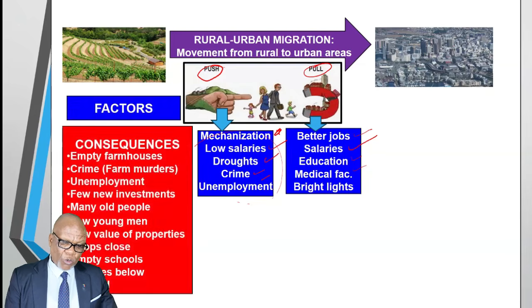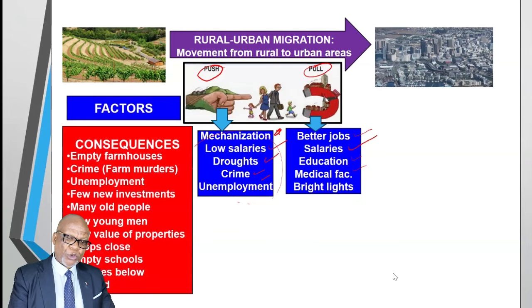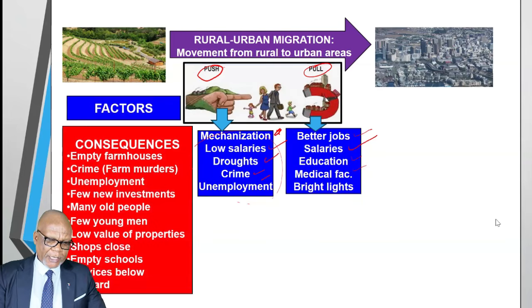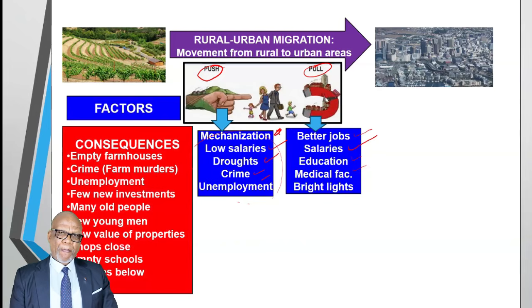So what will be now the consequences once people move out of rural areas? What's going to happen now? This again, you must be careful when you answer these questions. The examiner could say the economic impact of rural urban migration, or it can be social impacts of rural urban migration. So for rural areas, number one, what we know, because of rural urban migration, people have moved out of rural areas.